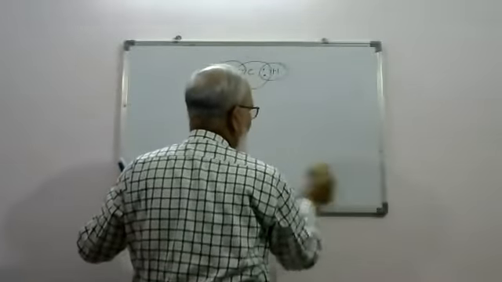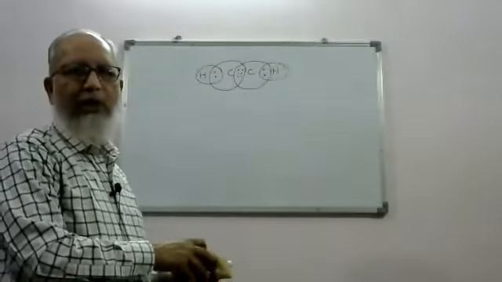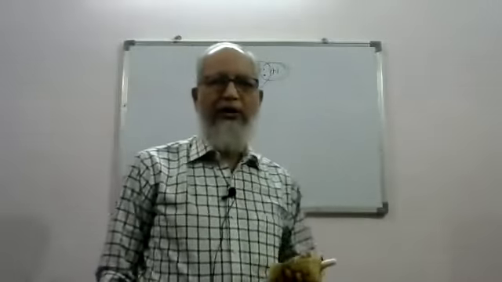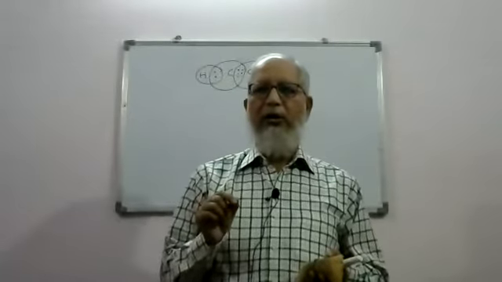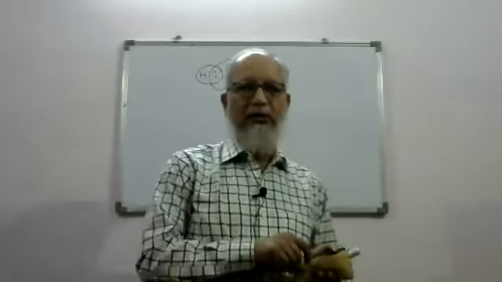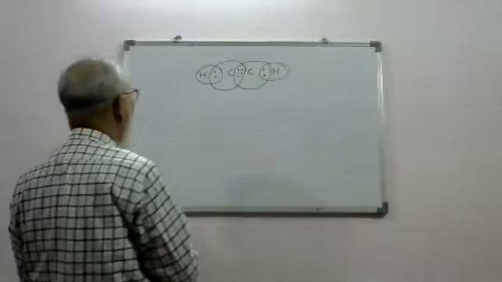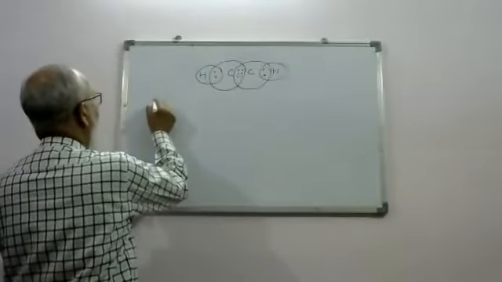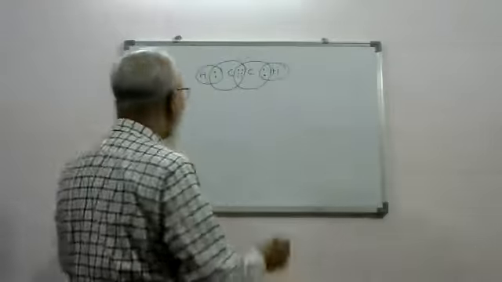If there is presence of negative charge, then in calculating the number of valence electrons, we add 1 electron for each negative charge. As for example, suppose it is your NO3 minus.